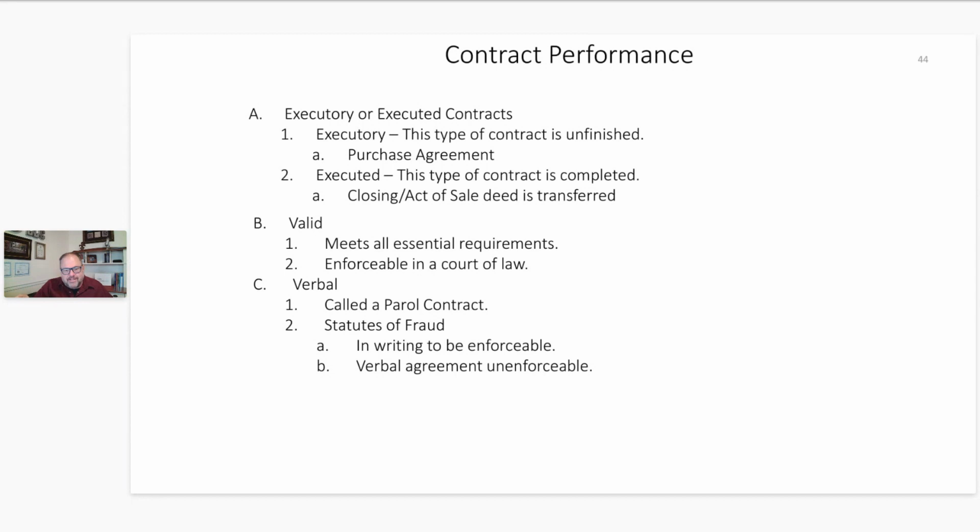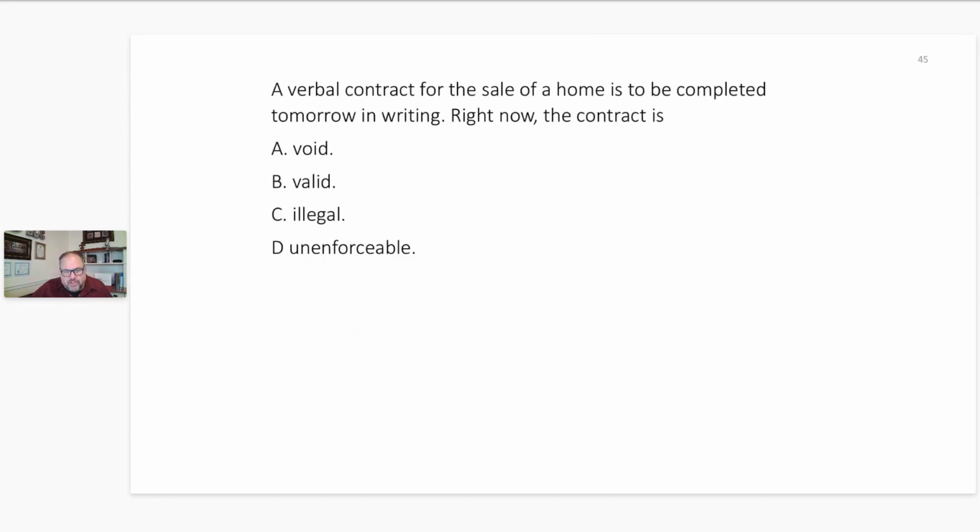A valid contract meets all essential requirements. It is legal and enforceable in a court of law. Verbal, also called a parol contract, doesn't meet the statute of frauds, which means a contract needs to be in writing to be enforceable. Verbal agreements aren't enforceable. So you may get a test question: a verbal contract for the sale of a home is to be completed tomorrow in writing. Right now, the contract is what?